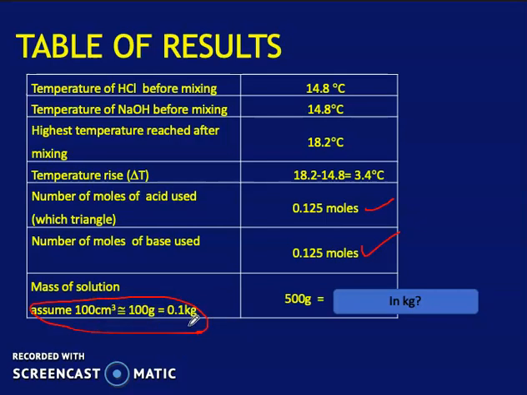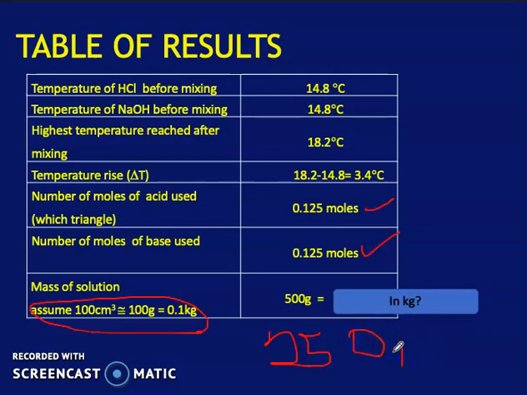So whatever centimeters cubed you have, you're just going to convert that into grams automatically and kilograms next. So in our experiment we're going to have 500 grams, and that comes from adding 250 plus 250.